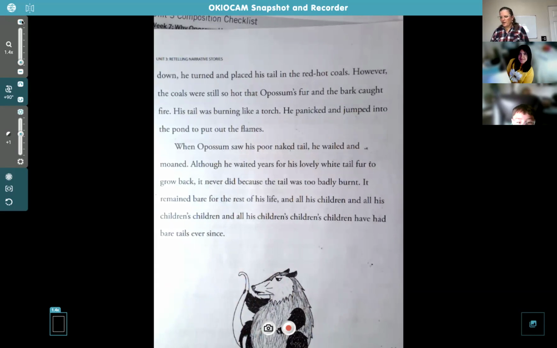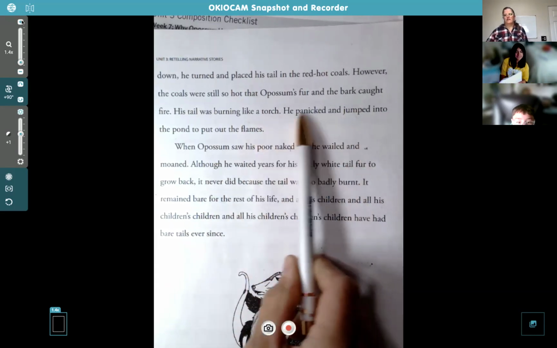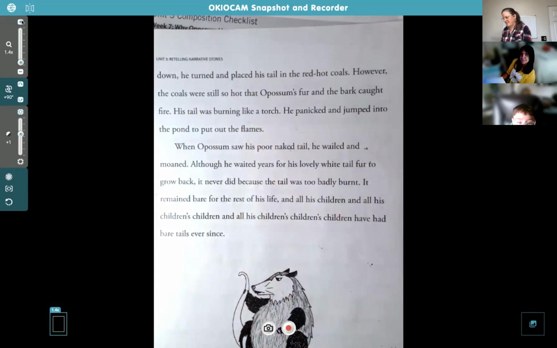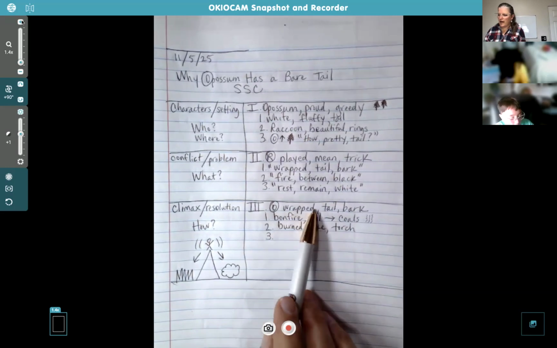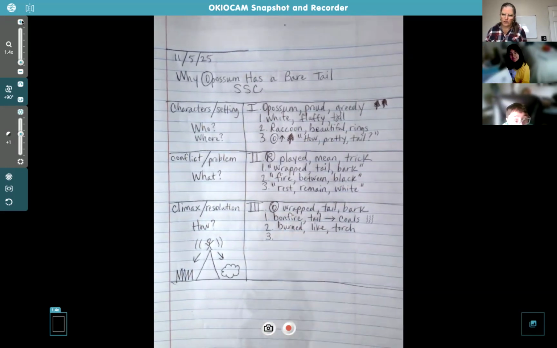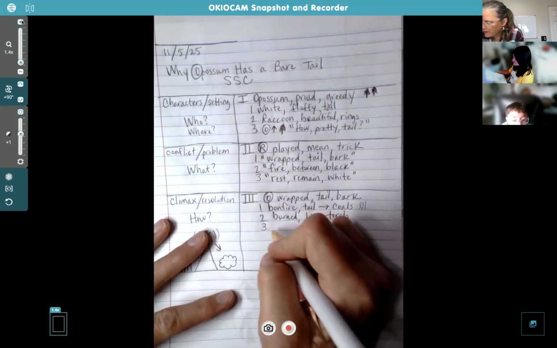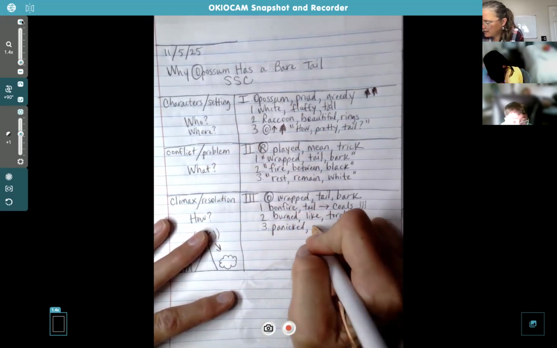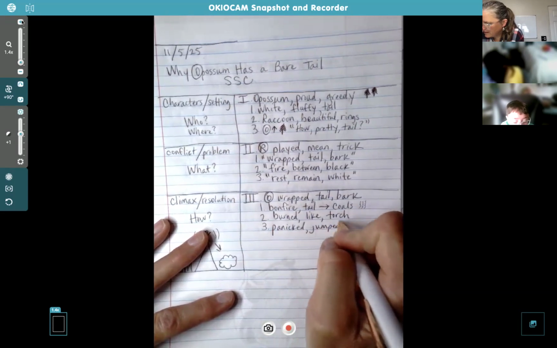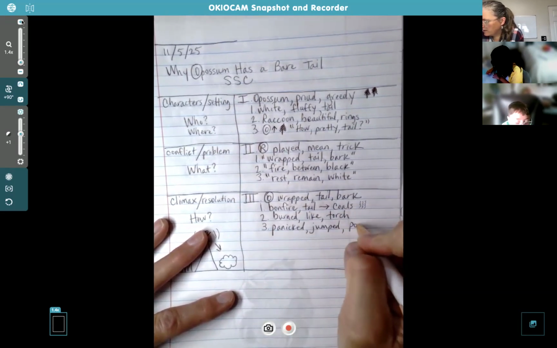At the end of that paragraph on 56 at the top here, he panicked and jumped into the pond. Yes. I'm thinking panicked would be a really good strong verb, although we have wrapped and we have burned. So there are some good choices there for strong words. So I'm going to put panicked, and jumped, and pond.